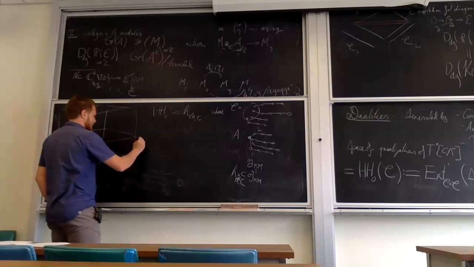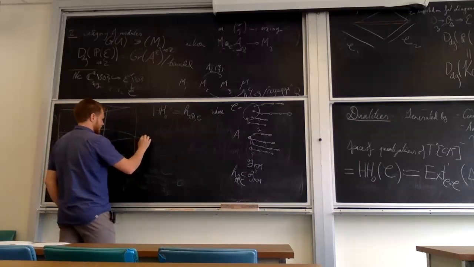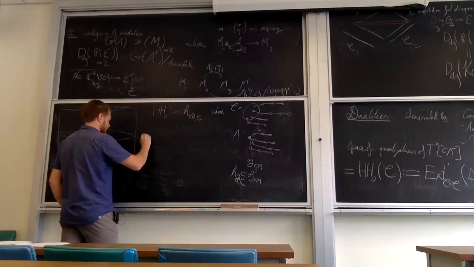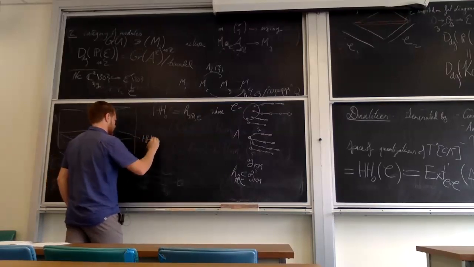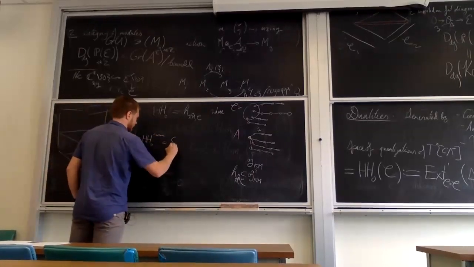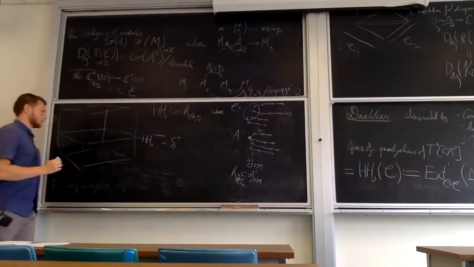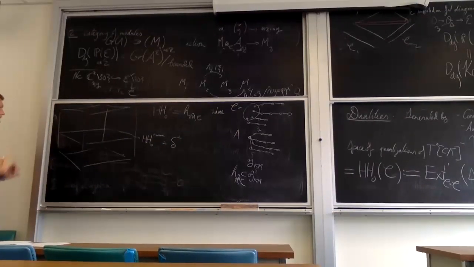The level 0 hyperplane is deformations corresponding to commutative surfaces. So HH0 commutative is equal to delta perp. It's a root hyperplane perpendicular to loops.